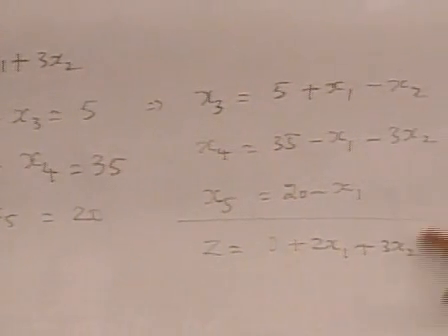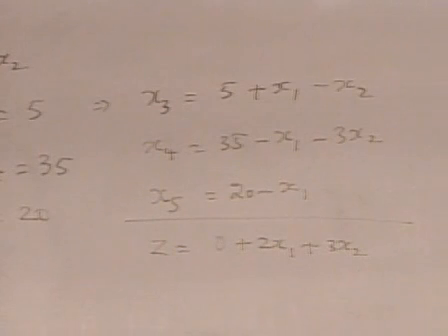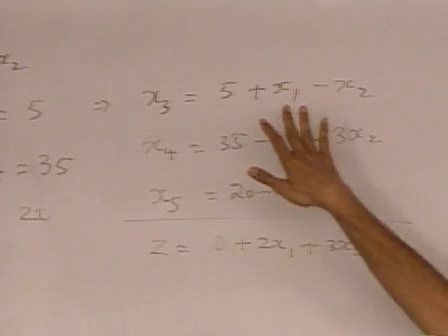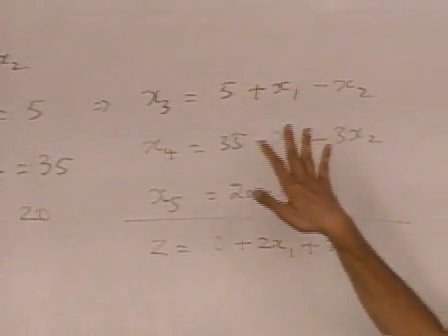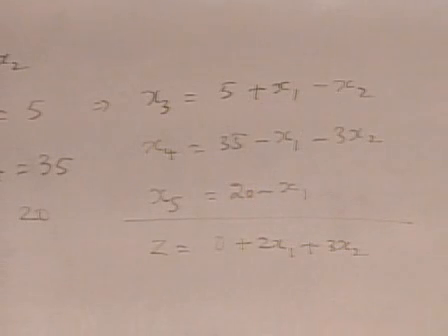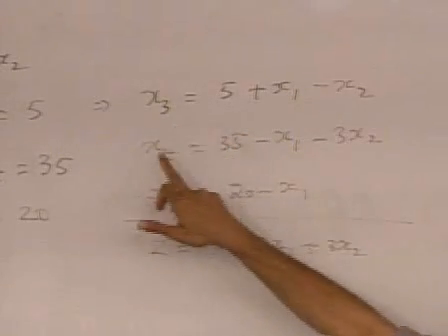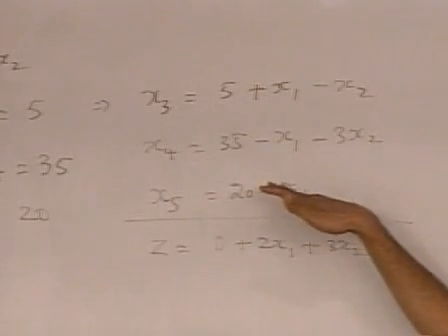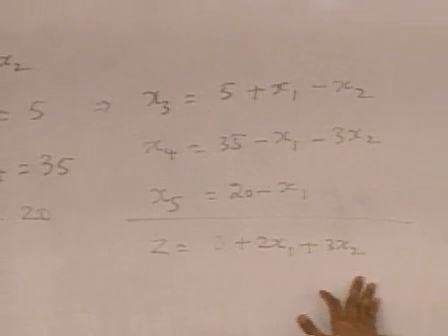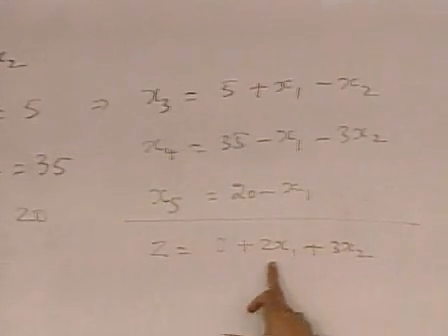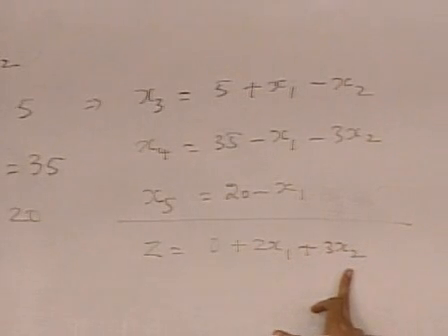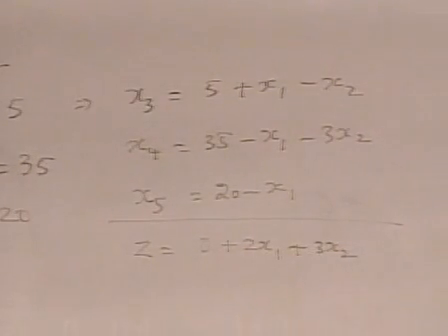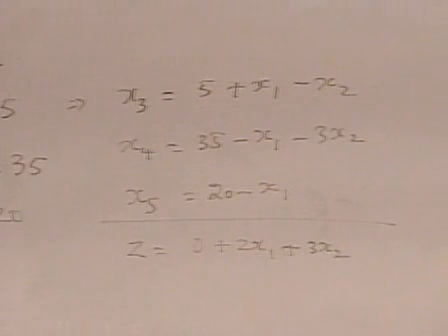And the rationale for doing this is the following. We assume that we are free to determine the values of x1 and x2. We can set them to anything we like. And if you do so, the values of x3, x4, and x5 are determined by these equations. And for any value of x1 and x2 that you use, you get paid 2x1 plus 3x2. Of course, if these are the only restrictions, you would set x1 and x2 to be as high as you can.